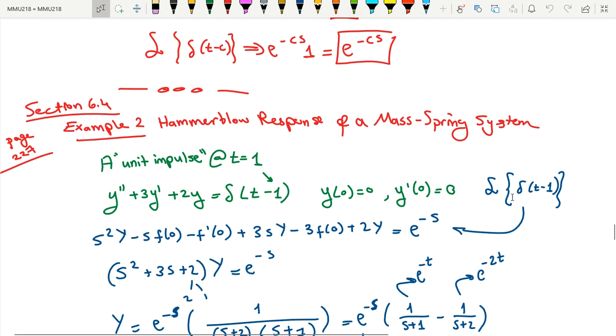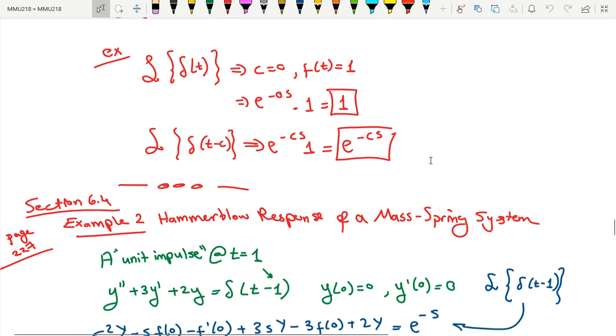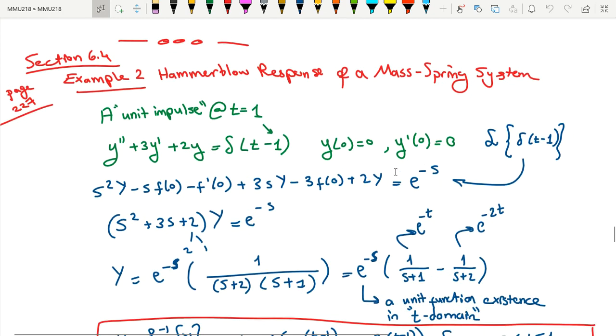The Laplace, if you take the Laplace of delta t minus 1, is just going to be e to the minus s, right? If I replace c by 1, it's going to be e to the minus s. Now, if you take the Laplace of the left-hand side, you can sort out the terms. Initial conditions are 0, so it's quite a simple story here.